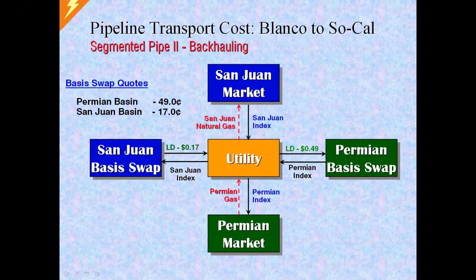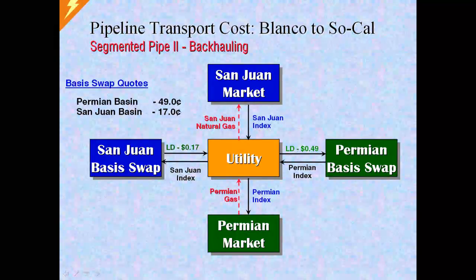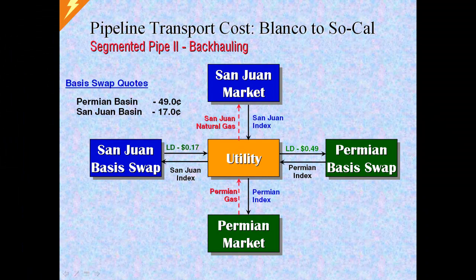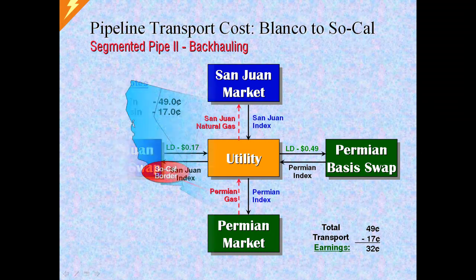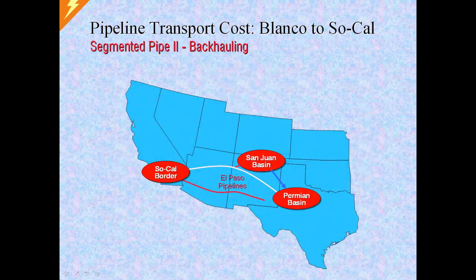Paying negative 49 cents is receiving positive 49 cents, and receiving a negative 17 cents is paying a positive 17 cents. So the utility receives 49 and pays 17. The net of this move is an earnings of 32 cents. So we will earn 32 cents moving gas to West Texas.